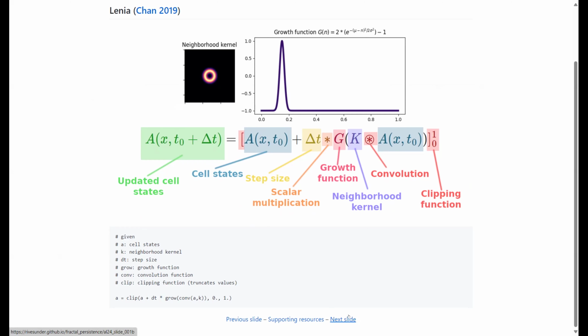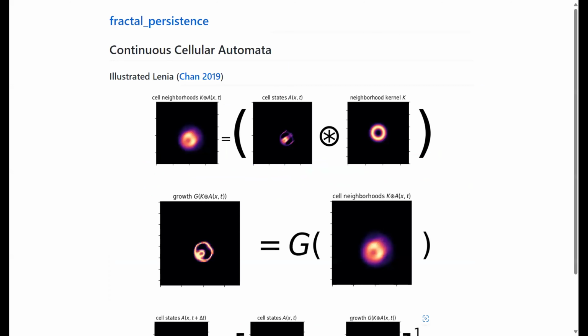Other than that, it looks exactly like the Euler method, where you have the current state of the system plus the change in the system. That's the growth function here. And that's proportional to some step size, and that's delta t, the step size in time. There's pseudocode there which writes out the same thing if you prefer to see it written out as code.